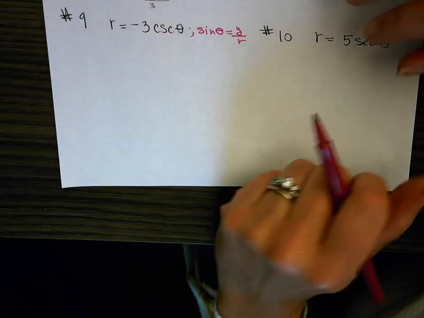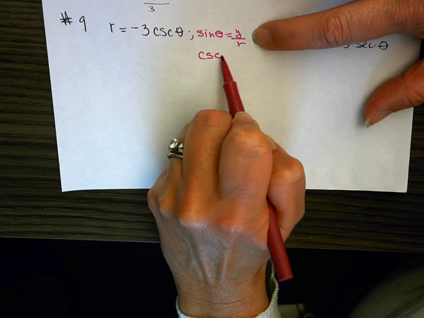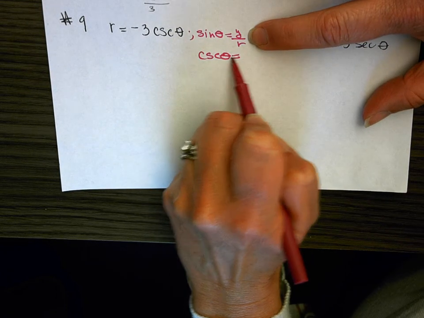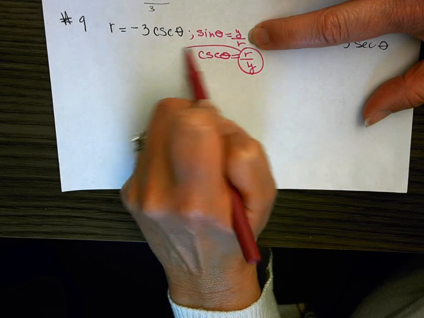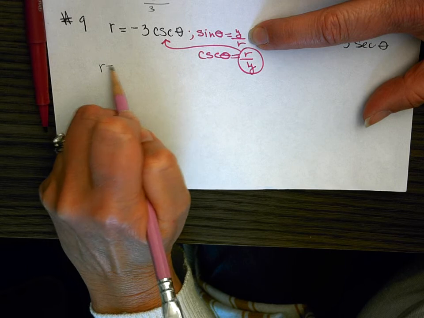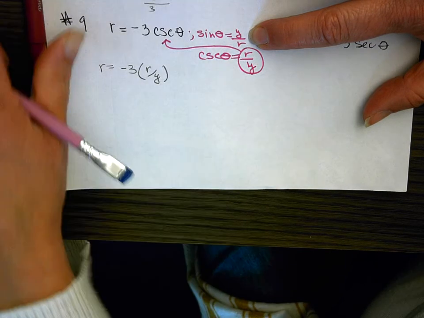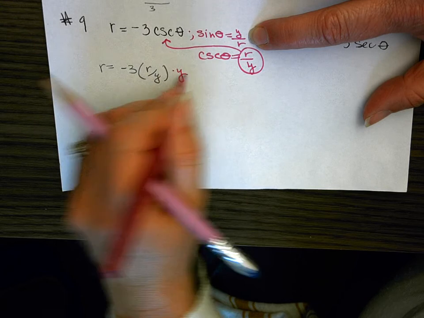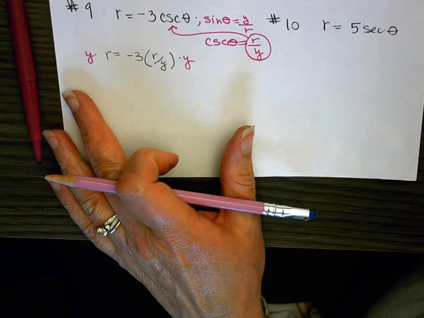Or you can just do your substitutions. And so the reciprocal of sine is cosecant, so the reciprocal ratio would be r over y. So I'm going to take that guy right there and substitute that in. And then always clear your fractions when you're doing this, whatever this is called.